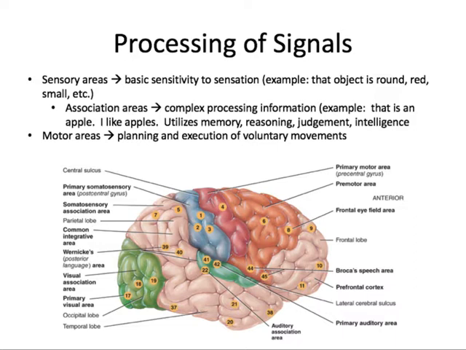To do this processing, we use not only the primary information that's coming in to the visual area, but we also use things like our memory and our experience and our intelligence and judgment to make a more complete picture. So both sensory and motor systems have primary and association areas.